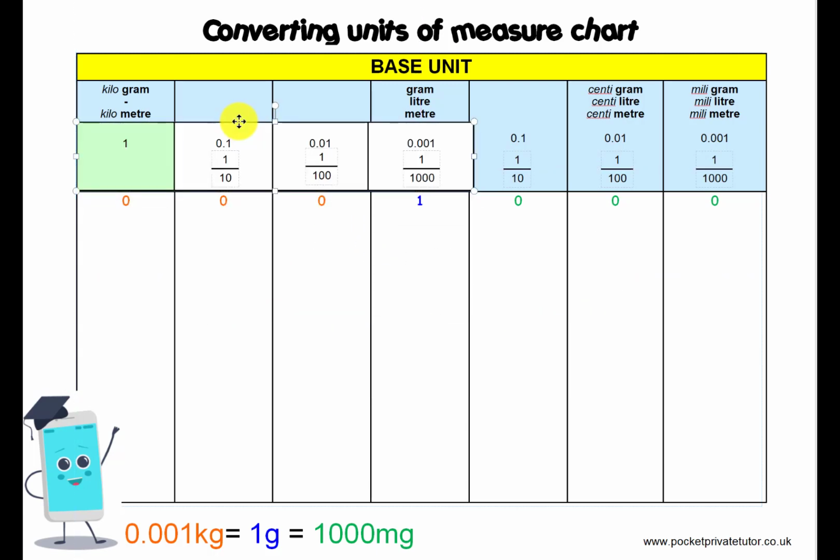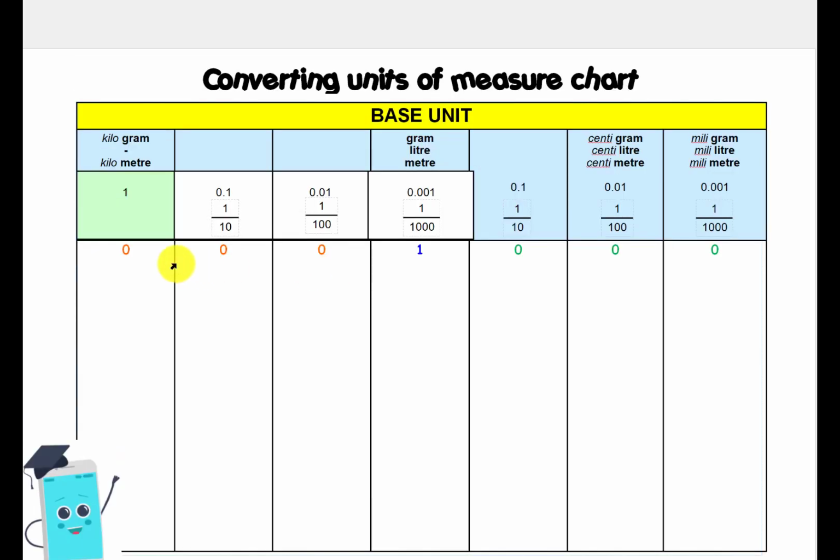So the green is over my kilograms. Okay, so now what that is telling me is that this section now becomes my units. So thinking about this being a normal place value chart, this is now my units. So 0 is my unit. If 0 is my unit, then I would need to put a decimal point after it. So if I put my decimal point there, I can see that I have no kilograms. So 0 point, I'm leaving my 1 in the original place, 0.001.